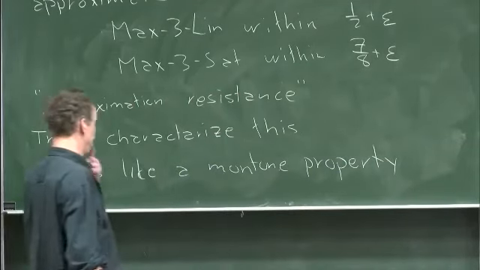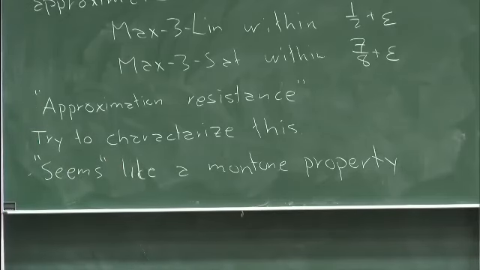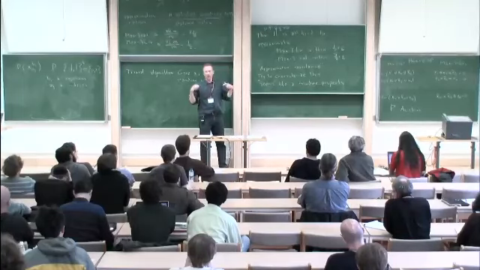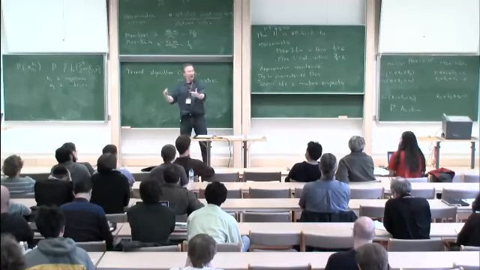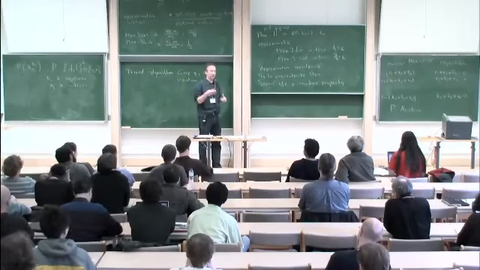One thing in particular is that it seems like a monotone property, in the sense that it's easier to get this the more things you accept. If you start with a predicate and add some more accepting states, it seems like you keep this a lot of the time, and I was trying to understand this.